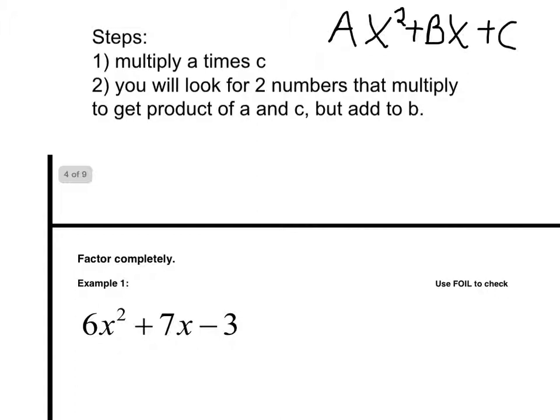So you multiply a times c together, and then you look for two numbers that multiply to get that product of a and c, but then they also add to b. After that I'm going to show you two different methods of factoring, and I will repeat those two methods on several problems, and then you can pick which way you would like.